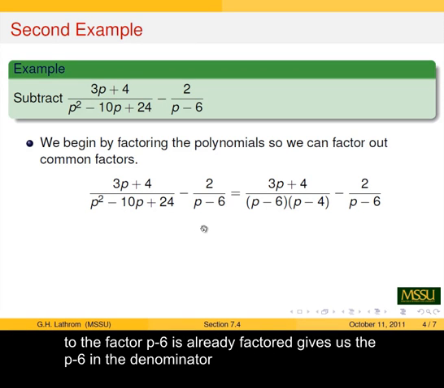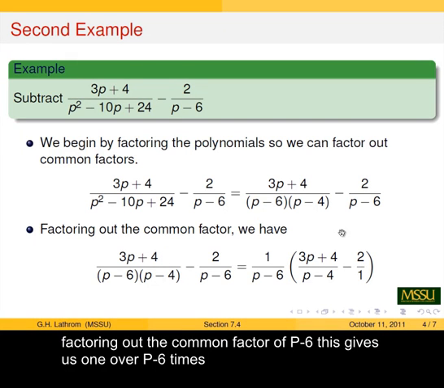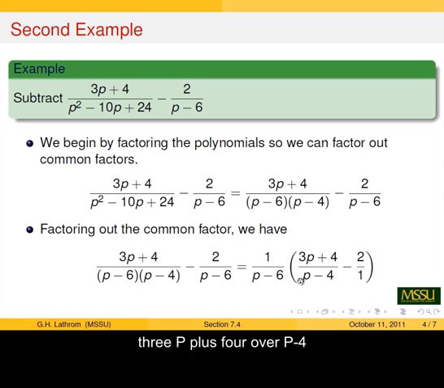The factor p minus 6 is already factored, giving us p minus 6 in the denominator. Factoring out the common factor of p minus 6, this gives us 1 over p minus 6 times 3p plus 4 over p minus 4 minus 2.